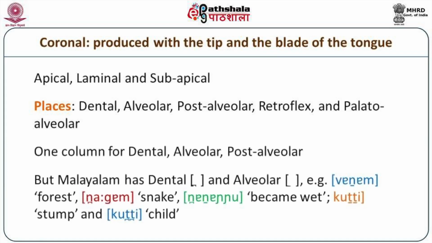We have already discussed the reason why in the IPA chart the dental, the alveolar, and the post-alveolar are all put together. We remind ourselves of the fact that a language such as Malayalam actually distinguishes them. So we have dental and alveolar plosives and nasals in Malayalam.